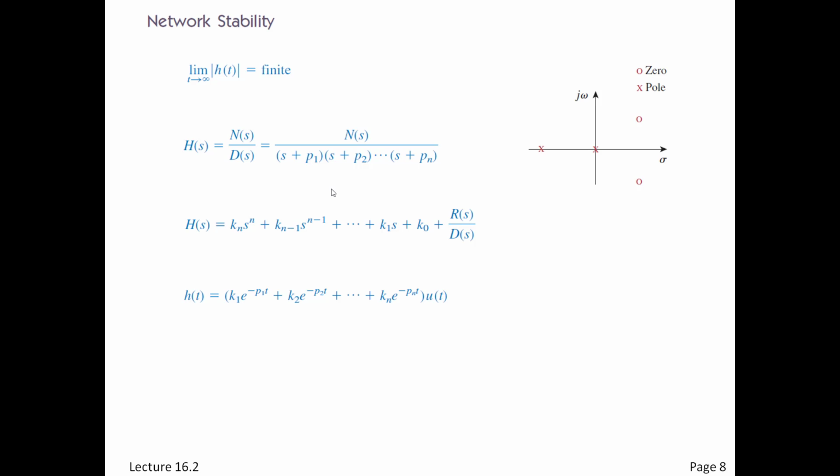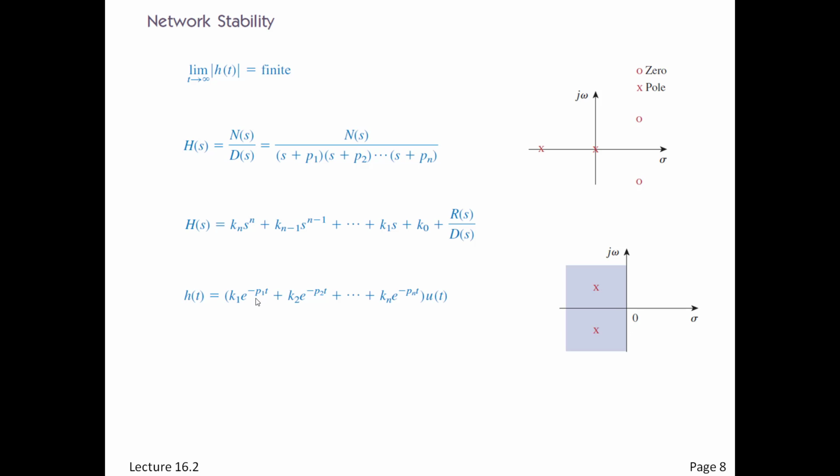Okay, we like to think of this as all of the poles have to lie in the left-hand plane. Well, that's kind of intuitively obvious, I think. Here are what those terms all look like, with K1s, K2s, Kns. This is if we have unique poles. If we have multiple poles, you get some t times e to the minus pt.